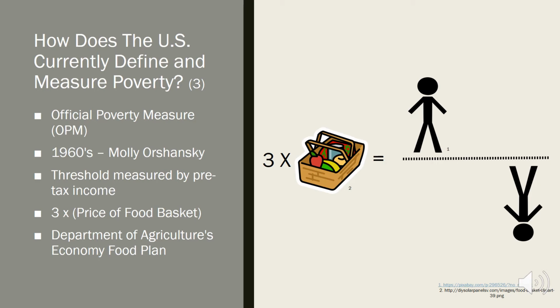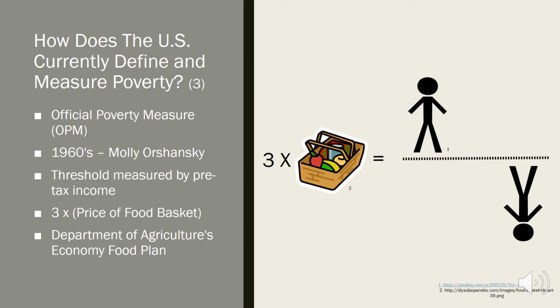The U.S. defines and measures poverty using the Official Poverty Measure, or the OPM. The OPM was developed by Molly Orshansky in the mid-1960s, and basically it's a threshold. Either you're above the threshold and out of poverty, or you're below it and you're considered in poverty.